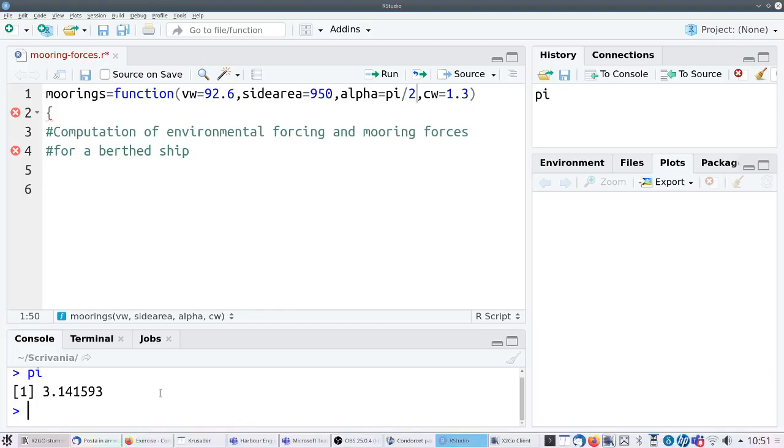And 90 degrees, as you know, is pi half. And we have to use the angle not in degrees, but in radians, because this is the usual way R deals with angles.